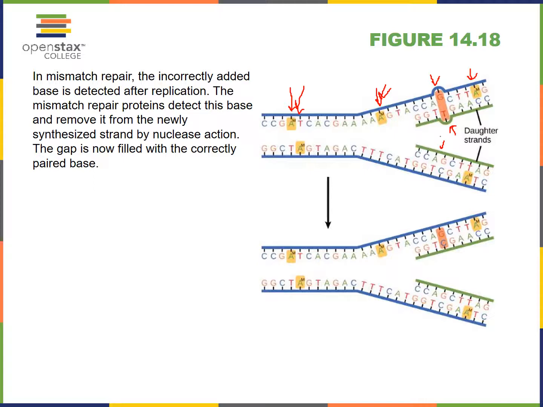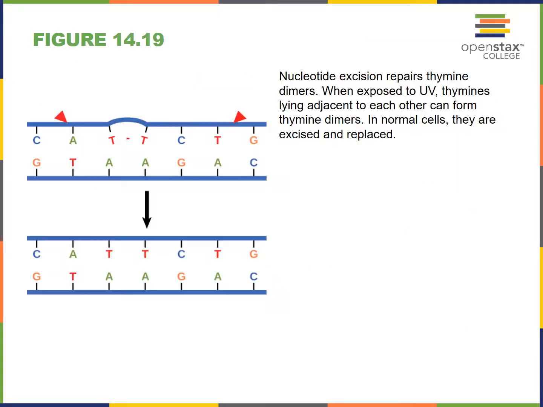You would cut out the T here and add back a C, which would be correct. And that's shown right here. So they've taken the thymine nucleotide out and added the cytosine nucleotide, which is correct. So that's known as mismatch repair.